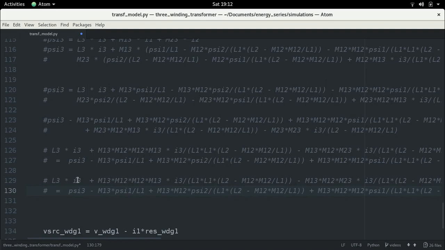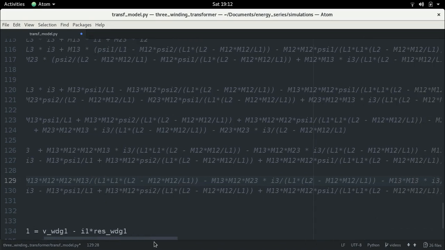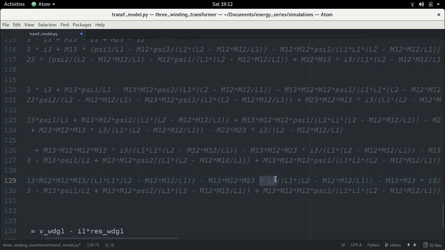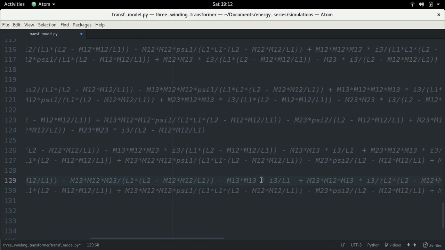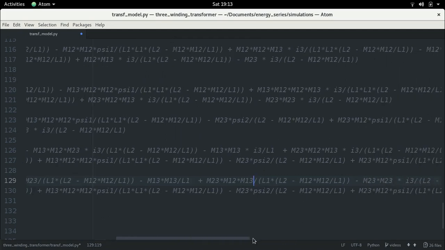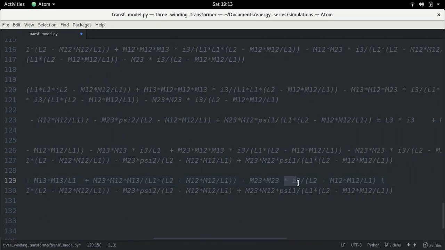So now that we have this, all we have to do is solve, take these I3 terms out, right? Wherever you see an I3, take it out. And here as well, because these are all common factors. And this is it.